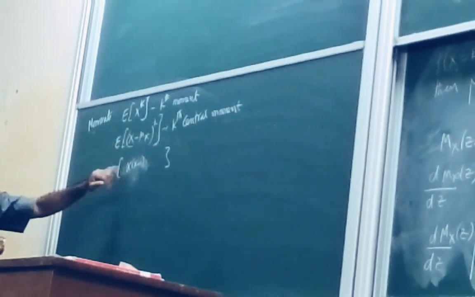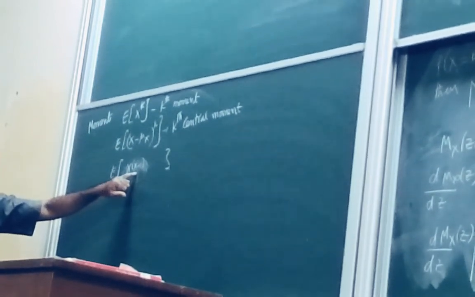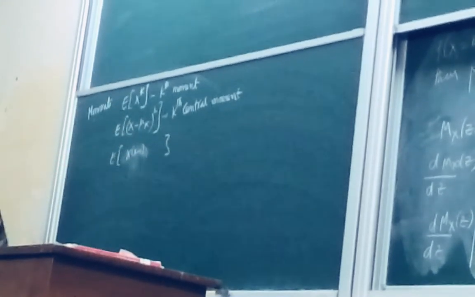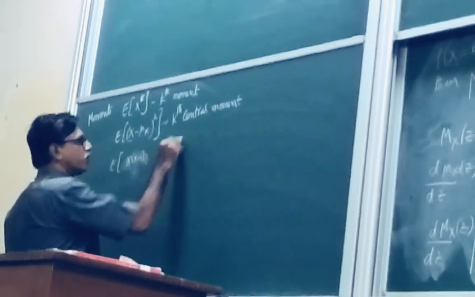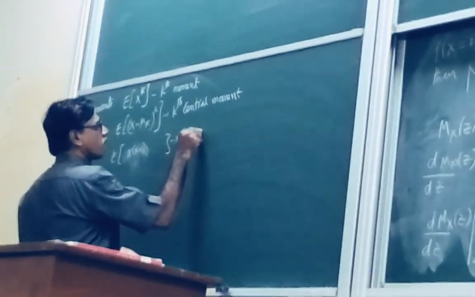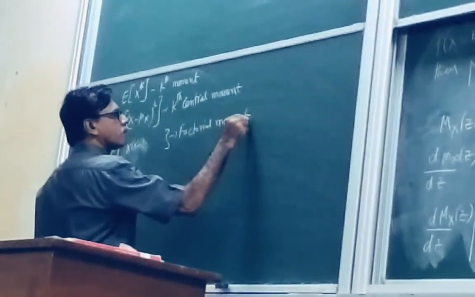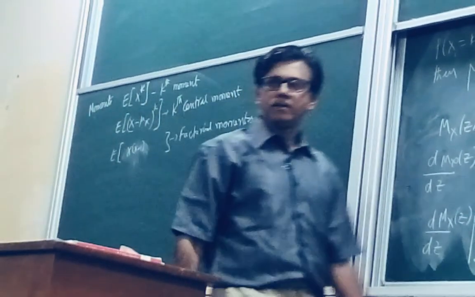To get that one, you have to put k into k minus 1 and so on, and then pk. They are called the factorial moments. So that is what we are getting.